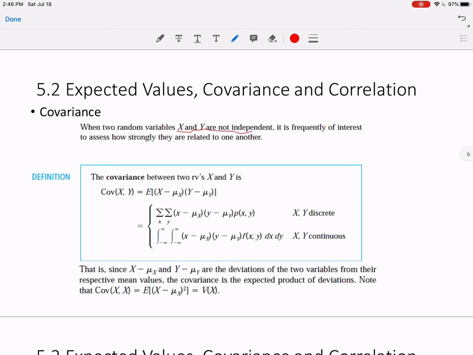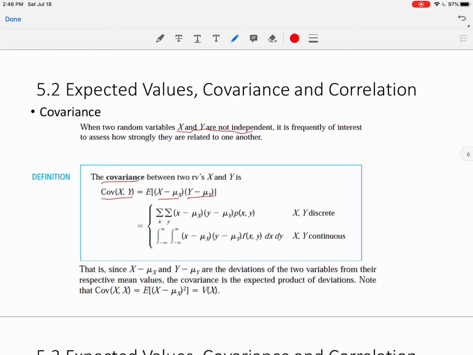Let's take a look at the definition of covariance here. We use Cov(X, Y) to represent covariance. The covariance of X, Y is equal to the expected value of (X minus mu sub X) times (Y minus mu sub Y).